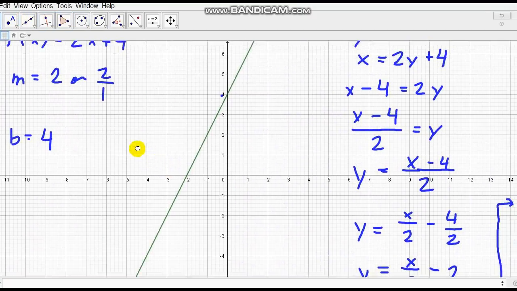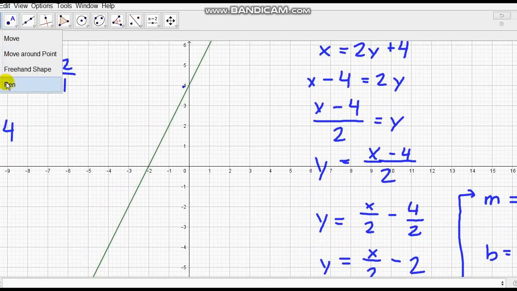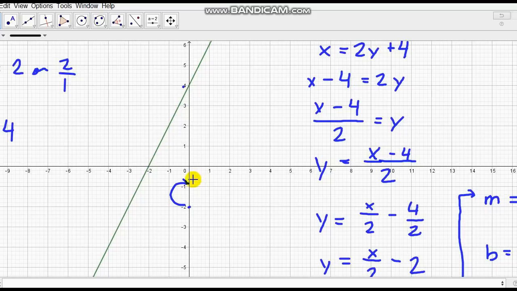So let's graph it right here. Let's start with the y-intercept at negative 2, and since the slope is 1/2, 1 unit upward and 2 units to the right. So we connect these two points.